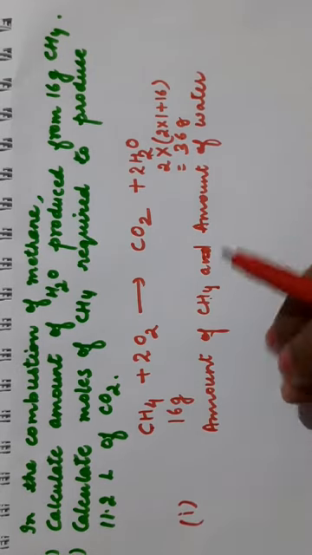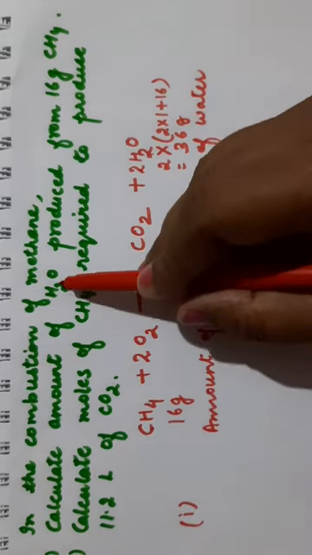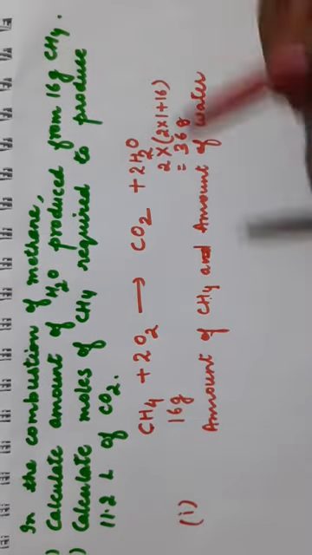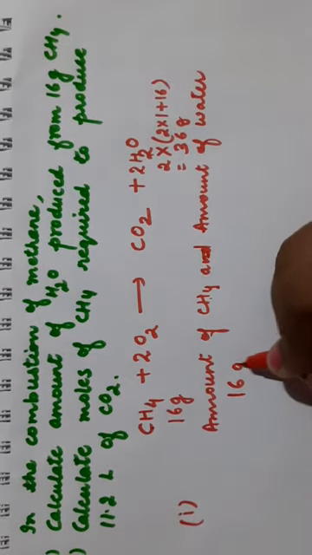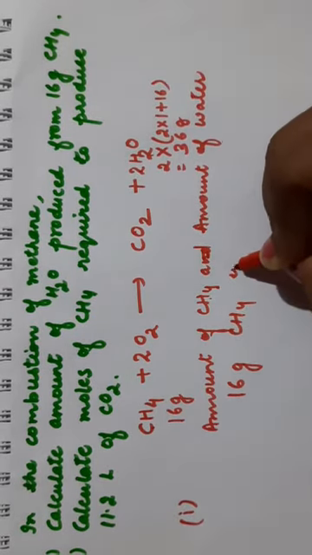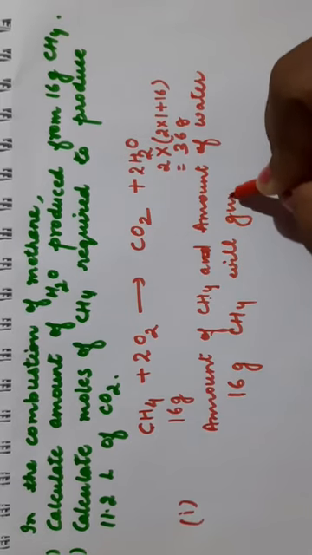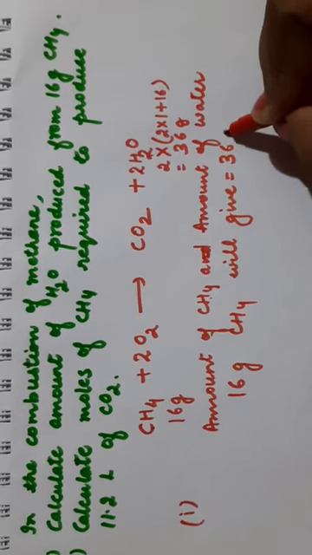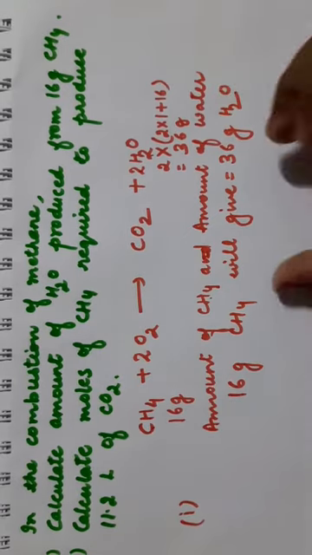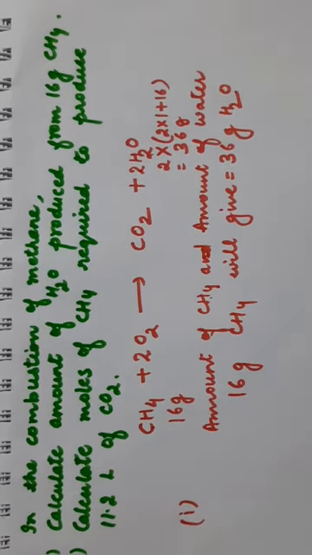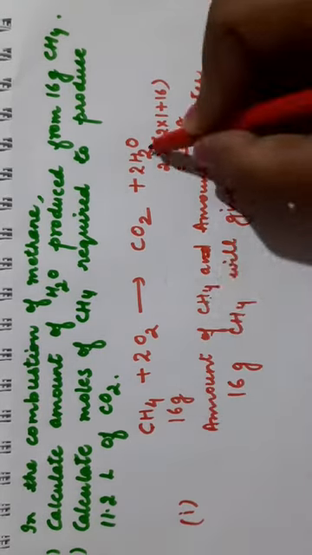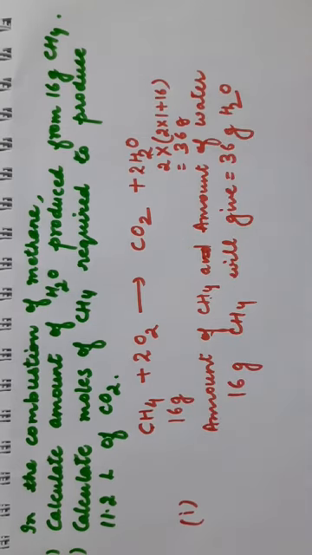So what was asked? How much water will be produced from 16 gram of methane? So 16 gram of methane will give 36 gram of water. So nothing in this has to be calculated. You have to use just the stoichiometric coefficients to solve the questions.